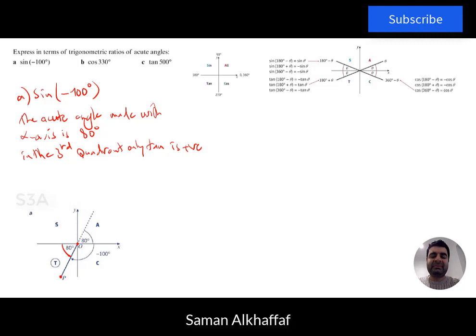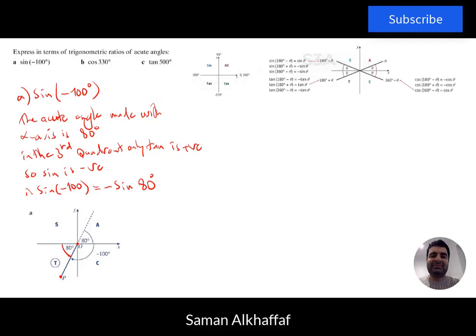So sine is negative, and that tells us sine of minus 100 is equivalent to minus the sine of 80 degrees. And this will be our answer for this question.